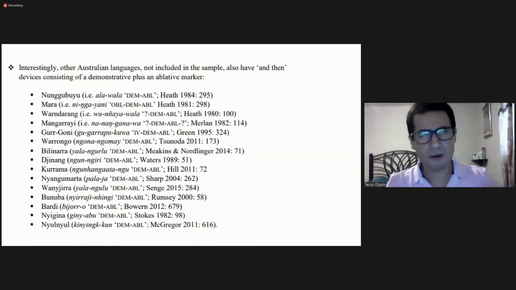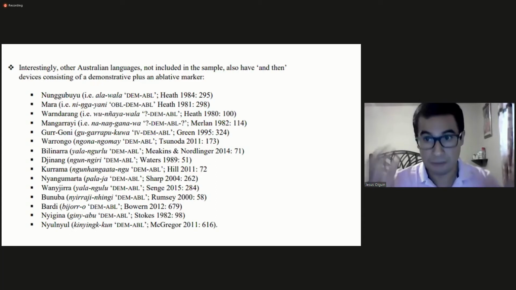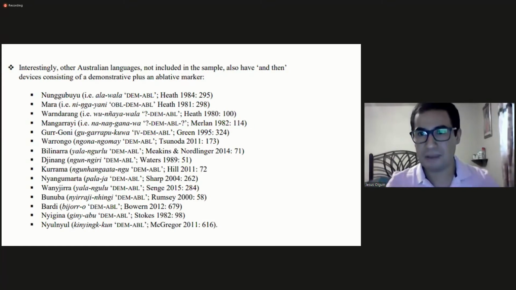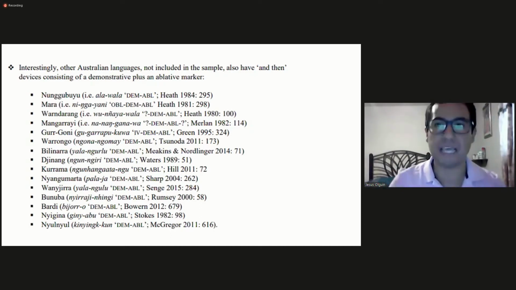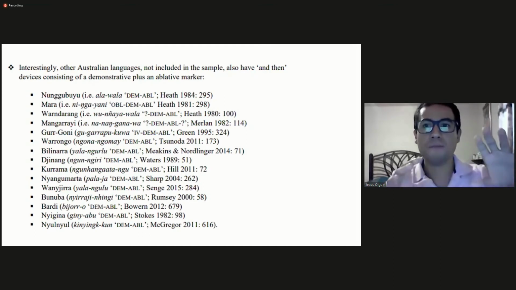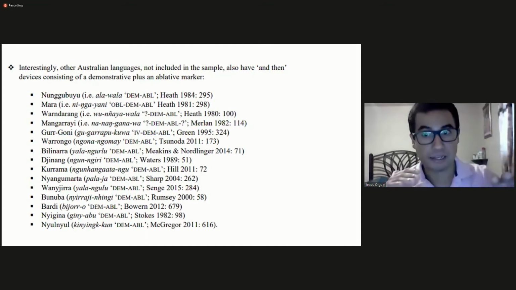Now, with respect to Australian languages, I decided, why not? And I started looking at many grammars of Australian languages. And it seems that many languages have this very same and then device composed of a demonstrative plus an ablative case marker. Many of these languages are not genetically related.